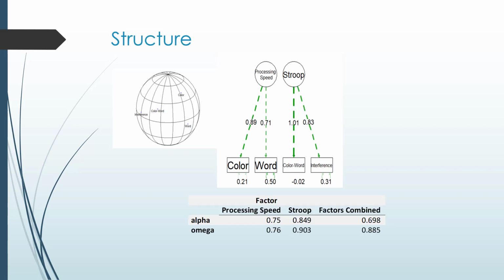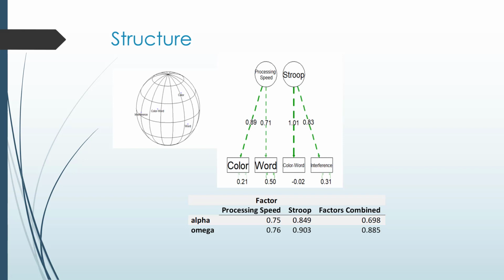Looking at the internal reliability of the test using these factors, we can see that using alpha, Cronbach's alpha, with the 2 factors combined, we had roughly a 0.7 alpha level. Looking at omega, which is a measure of composite reliability, there was a higher measure, 0.89.